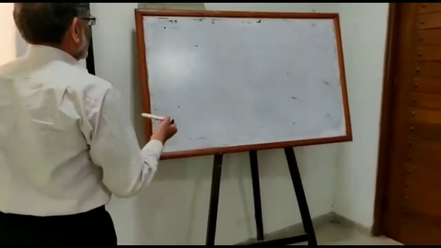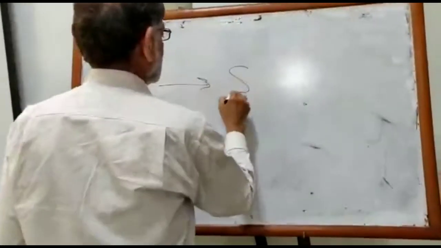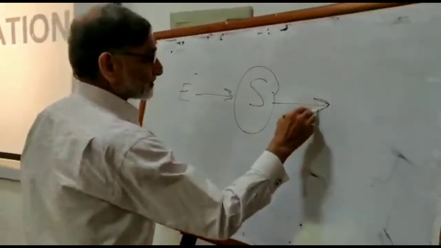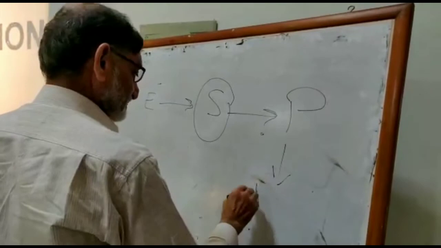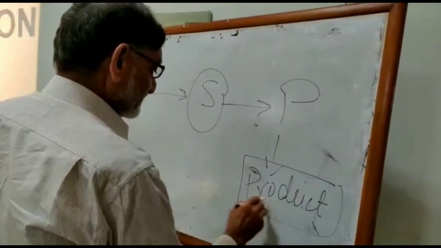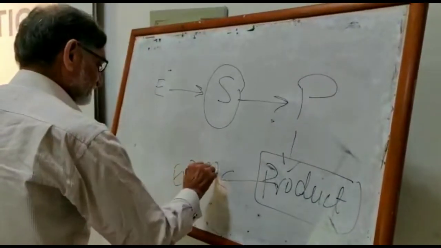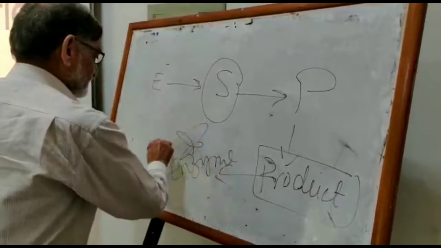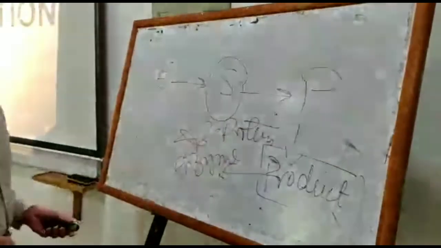That is, here is the enzyme, it acts upon the substrate and we will be able to get the product, which is in the form of enzyme or any other protein and so forth.